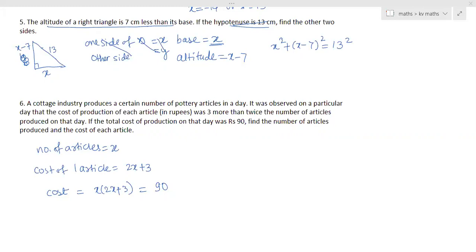Ma'am, the number of articles in one day is equal to 6. Yes, right. And the cost? Cost is 15. Right. Yes, ma'am. Done, ma'am.